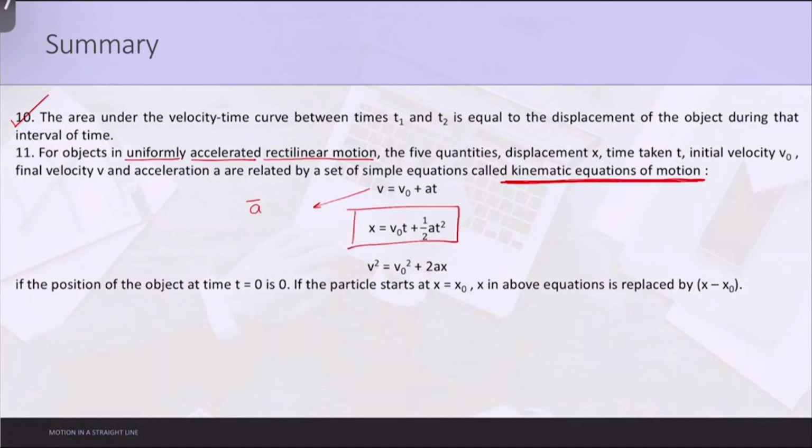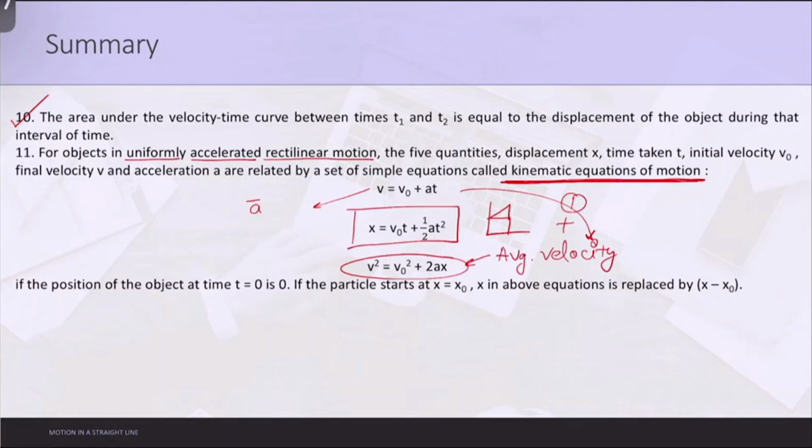We basically used the graphical form in which there was a triangle and a rectangle being made, and finally we used the average velocity concept, and the first equation was used. Then finally we got this third result.